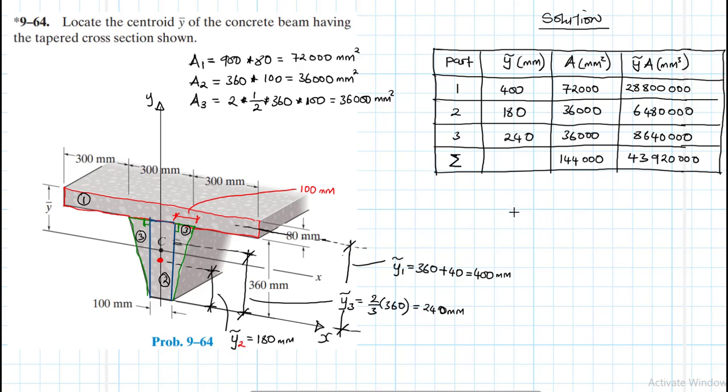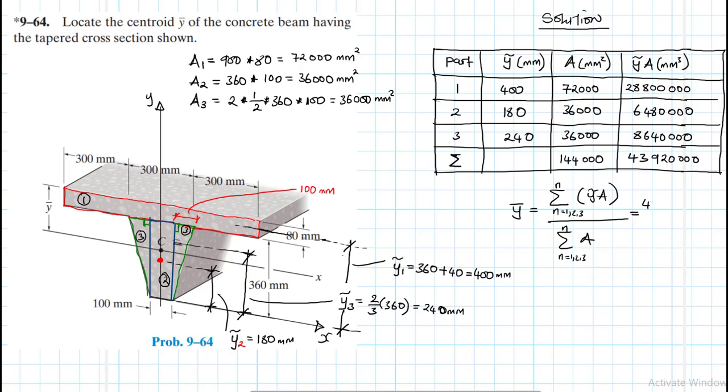Right, so now finally y bar is going to be equal to the summation from n equal to 1, 2, and 3 of the product of y times the area, divided by the summation of the total area itself. We found this already.